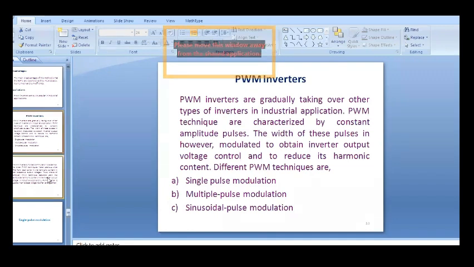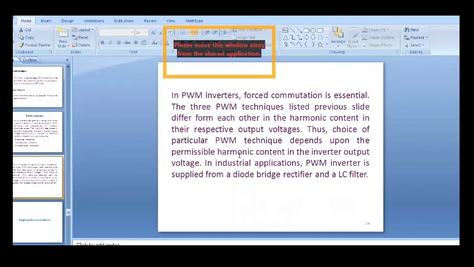When you see the details, you can see this is more interesting, and how internally, by controlling itself, the inverter can control the output. In a PWM inverter, force commutation is essential, and there are three PWM techniques, as I have told you: the single pulse modulation, the multiple pulse modulation, and the sinusoidal pulse modulation.